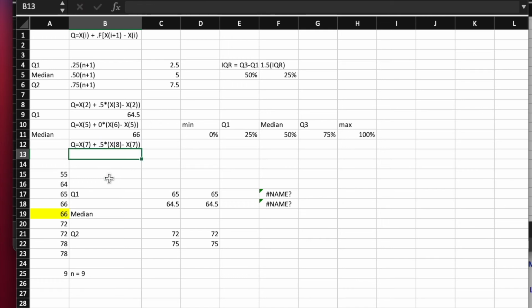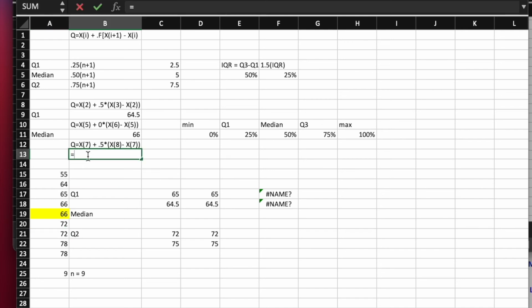Okay, so if we plug in this equation, what you get is the 7th value of x, which is right here, 1, 2, 3, 4, 5, 6, 7, right here, 72.